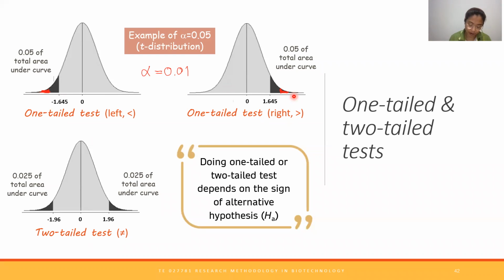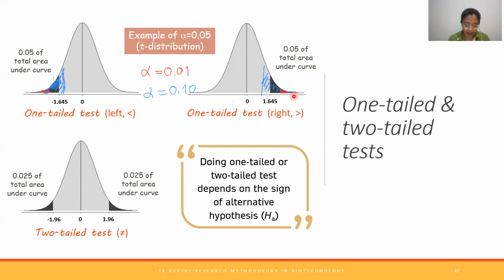And if you are doing the test at a different alpha of 0.10, that means you are interested in the tail that takes about 10% of the curve. So alpha will tell you the area, which later on you will see is the rejection area of the test that you are doing.